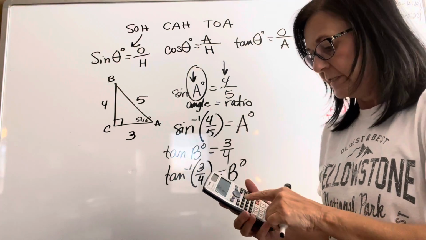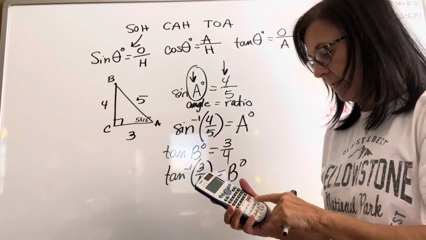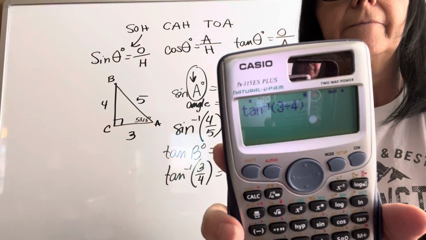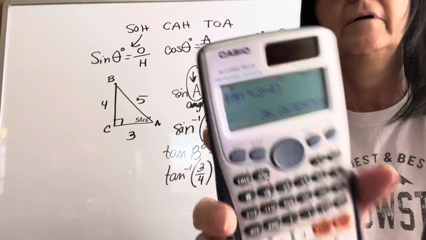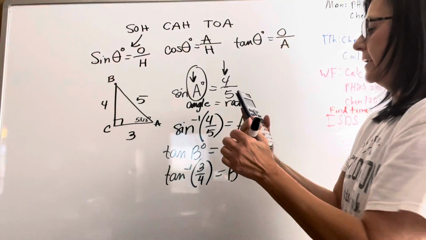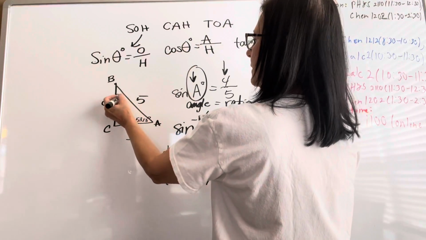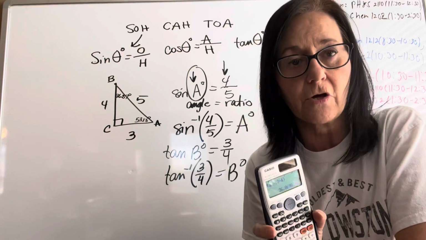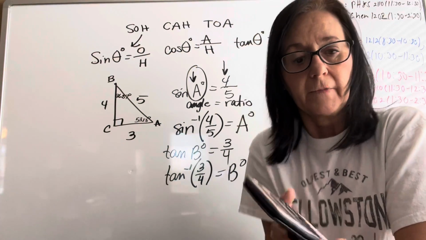So you do shift tan, 3 divided by 4, and you get the angle. It's 36.87 degrees. All right, so you can use inverse operations to solve for the angle.